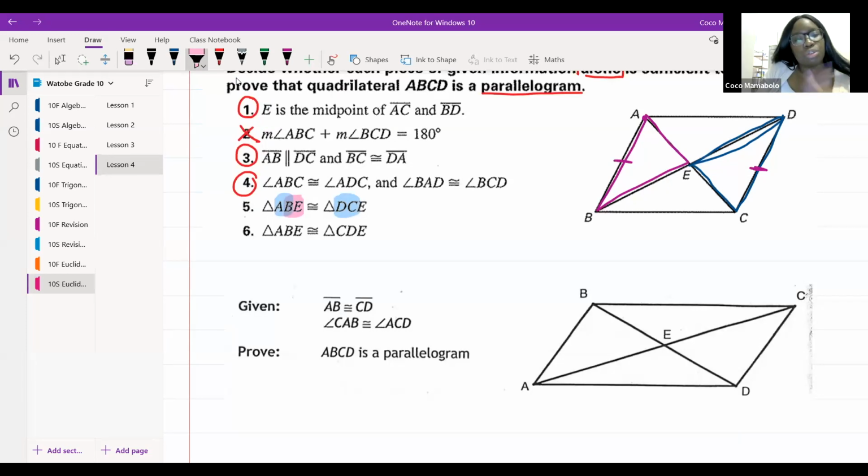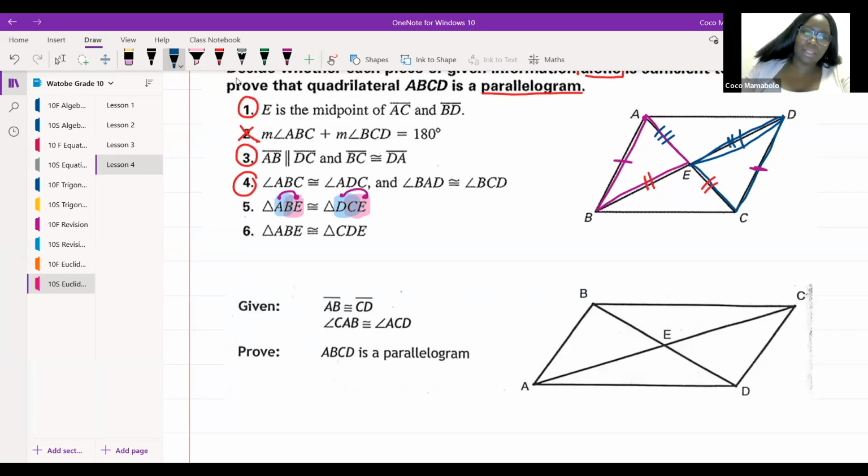BE must be equal to CE. And they're also saying that AE must be equal to DE.